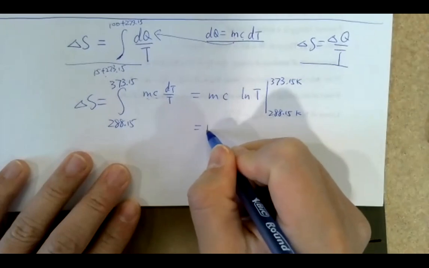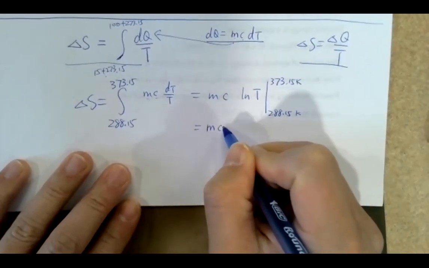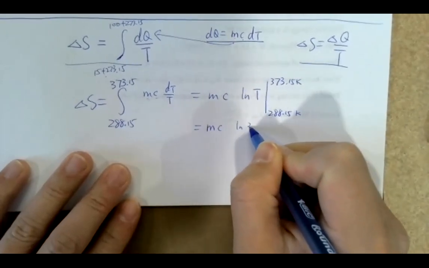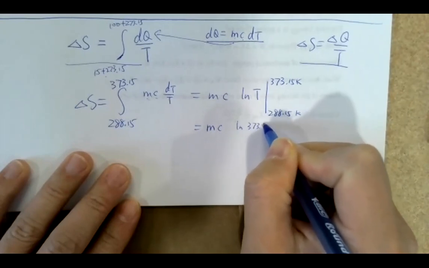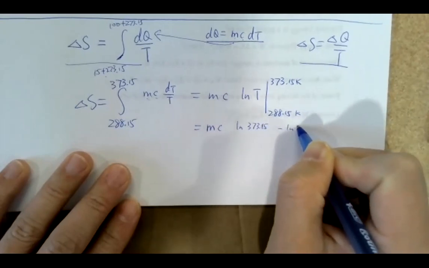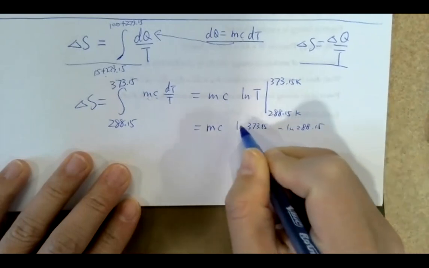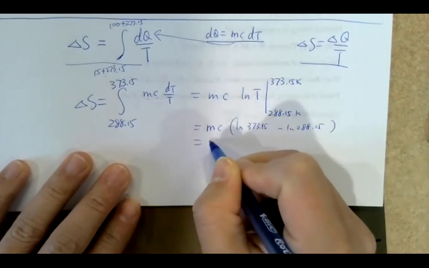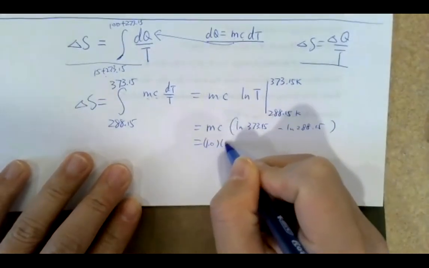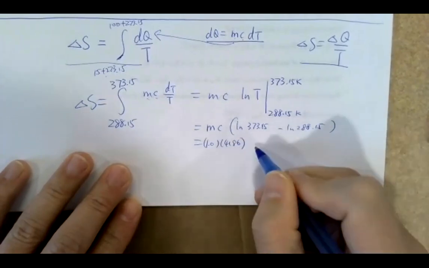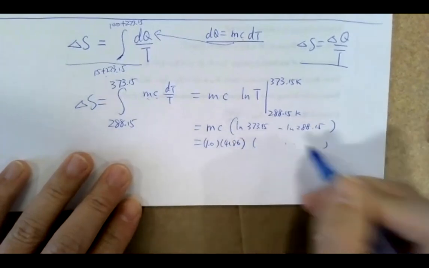So it will be mc times ln of 373.15 minus ln of 288.15. m is 1, c is 4186. Multiply by that.